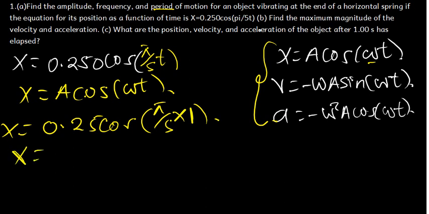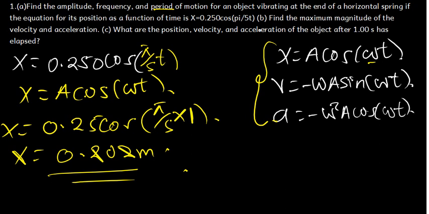So we have 0.25 cos of pi over 5 times 1. I'm getting my position as 0.202 meters. Okay, let's find the velocity.